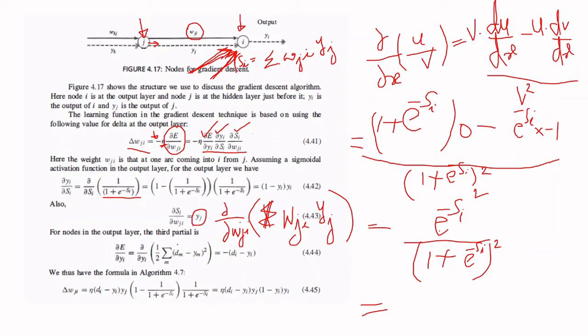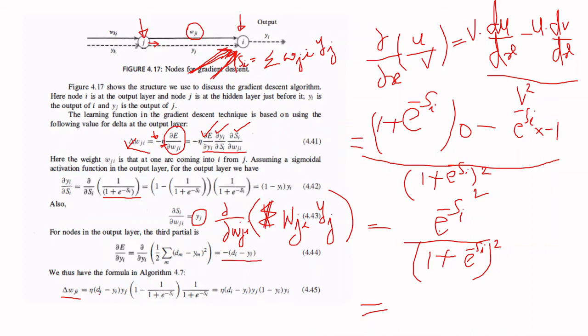So now we have calculated derivatives for all these three. So Δw_ji can now be written as this. Δw_ji is what we said is minus eta into this term, right? So eta into the first term, ∂E/∂y_i, which is this. It has a minus, and that minus actually cancels out.